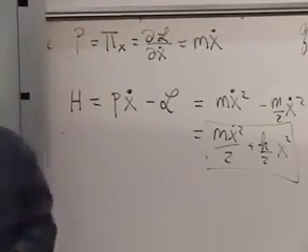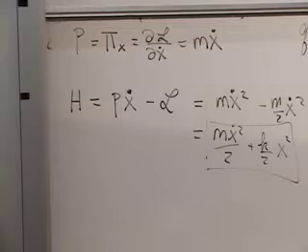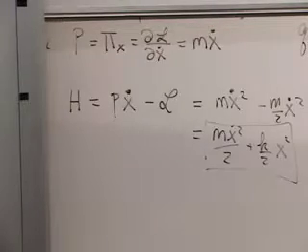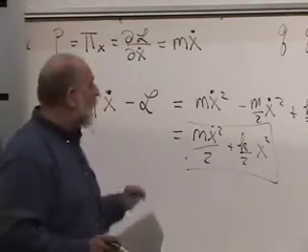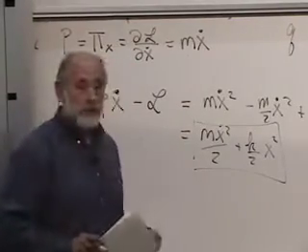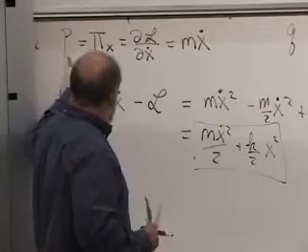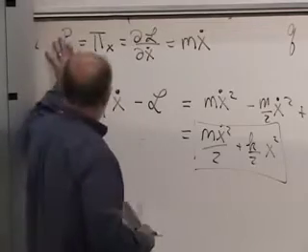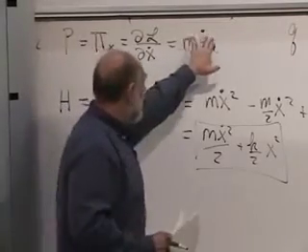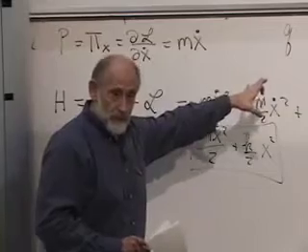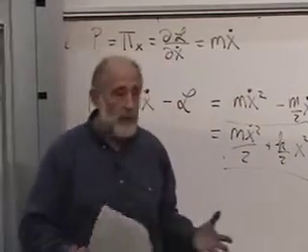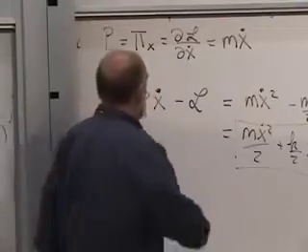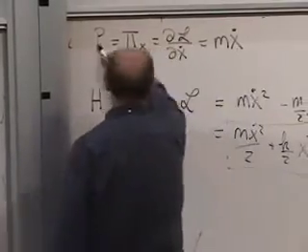To write the Hamiltonian in the form that Hamilton would have wanted, he would want you to get rid of all the x dots and replace them by p's. In each case, the p's will be functions of x dots and x's. In principle, you can solve for the x dots. We'll work out some examples. You can solve for the x dots and write them in terms of p.